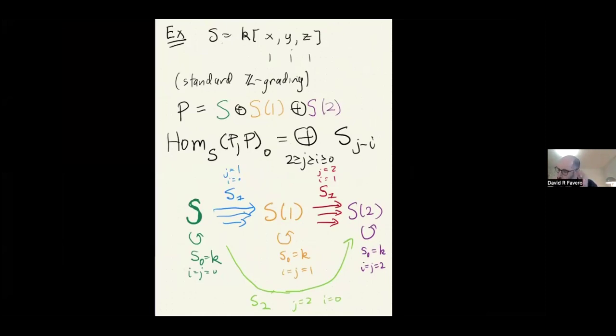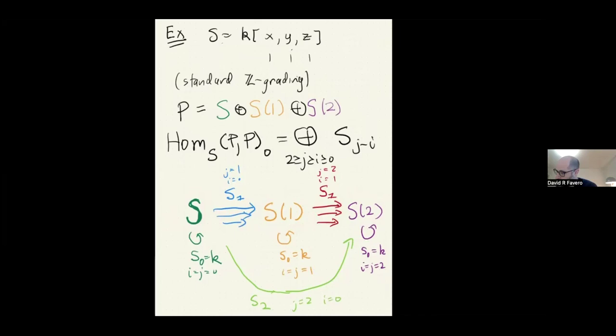If I draw these three summands, S, S(1), and S(2), I'm going to think about maps between them. The maps were only going in this direction because this ring was positively graded.